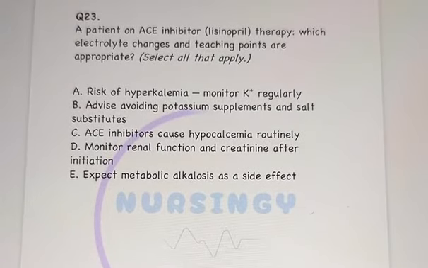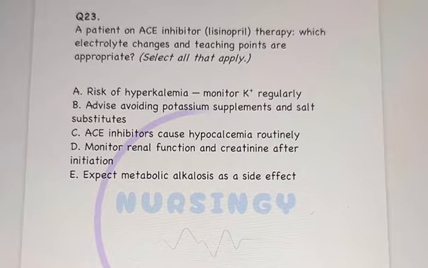Question number 23. A patient on ACE inhibitor therapy, which electrolyte change and teaching point are appropriate? Select all that apply. We know ACE inhibitors like lisinopril block the conversion of angiotensin 1 to angiotensin 2.